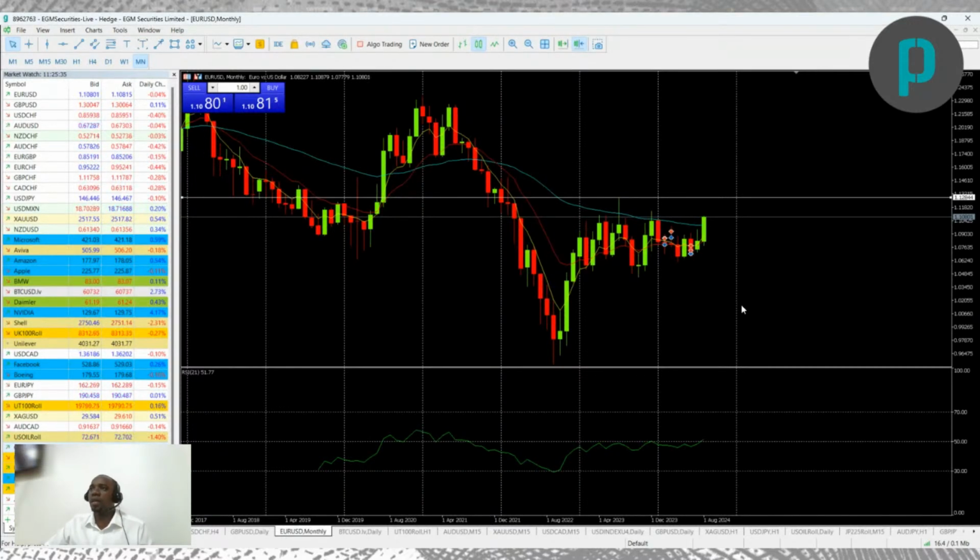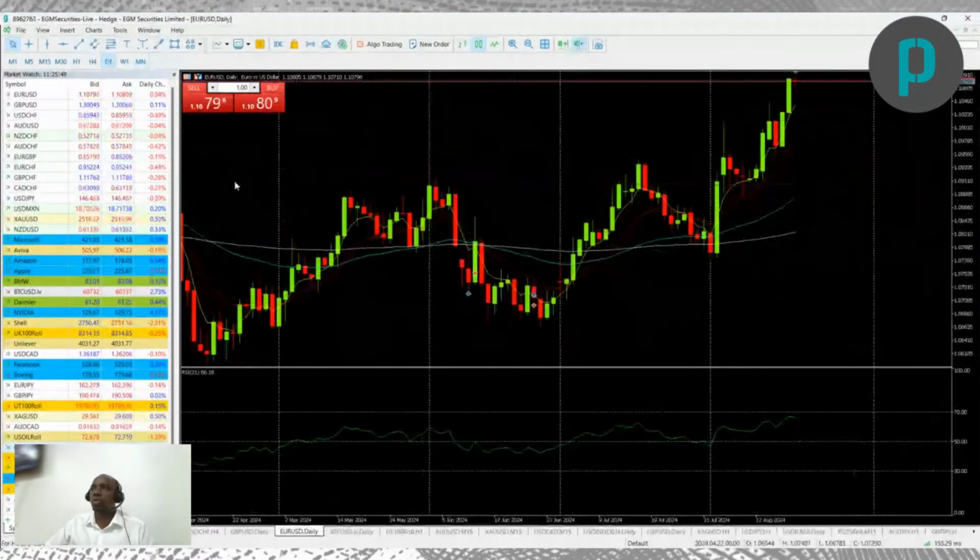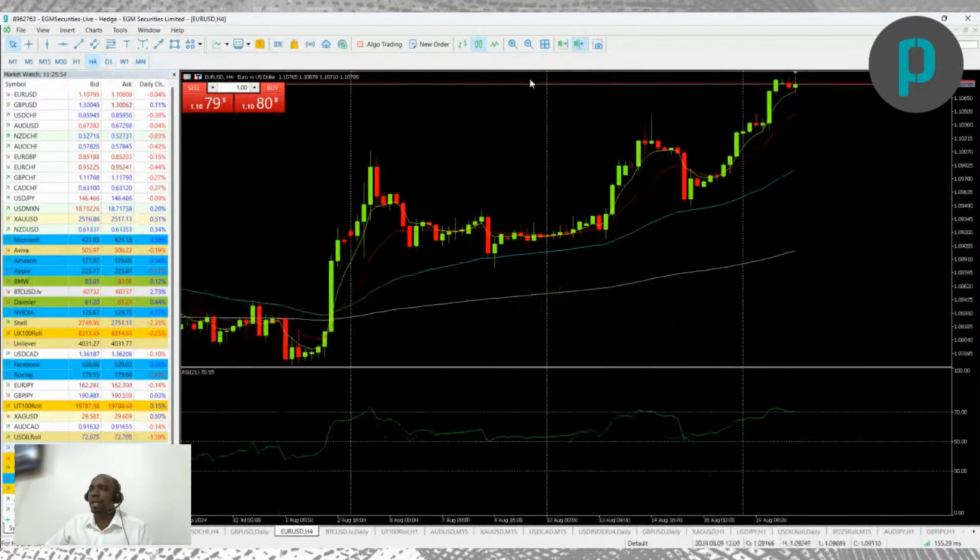Remember, once again, the Fed is looking at the rate cut, so that means the dollar should be weak. So that's an area that maybe we could see EURUSD get to. However, before we get to that area, we should see some retracement.